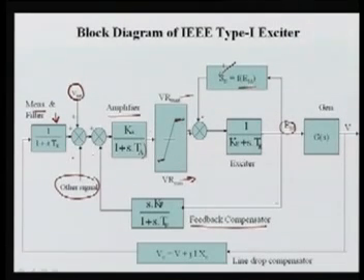This EFD is again sent through the feedback compensator, and it is also going to the generator. GS is the generator transfer function, and the generator gives the terminal voltage VT. This VT comes through the line drop compensator, VC equal to V plus j I XC, where XC is some reactance, and then it comes again to the measurement and filter circuit.